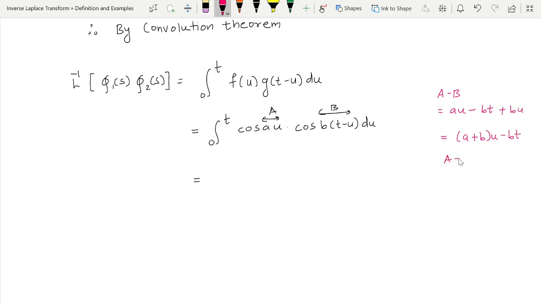And what about A plus B? My A plus B will be equal to au plus bt minus bu, and this will be equal to (a minus b)u plus bt, because this will be required now.